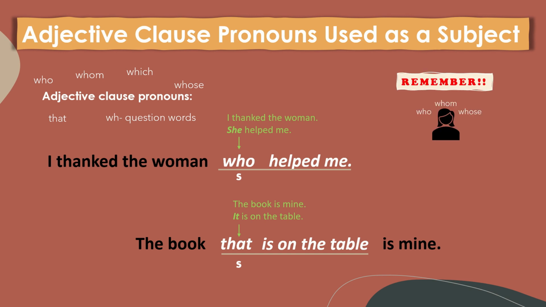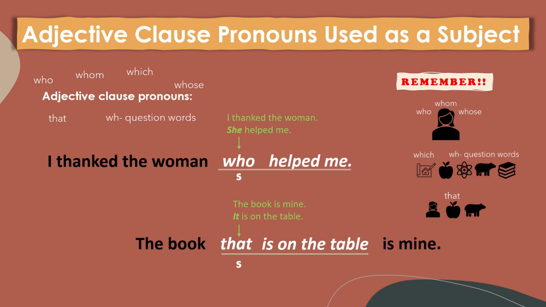Who, whom, whose are used for people. Meanwhile, which and WH questions are used for things such as the drawing, apple, animal, book, or ideas, maybe anything other than people. But that can be used for both people and things.